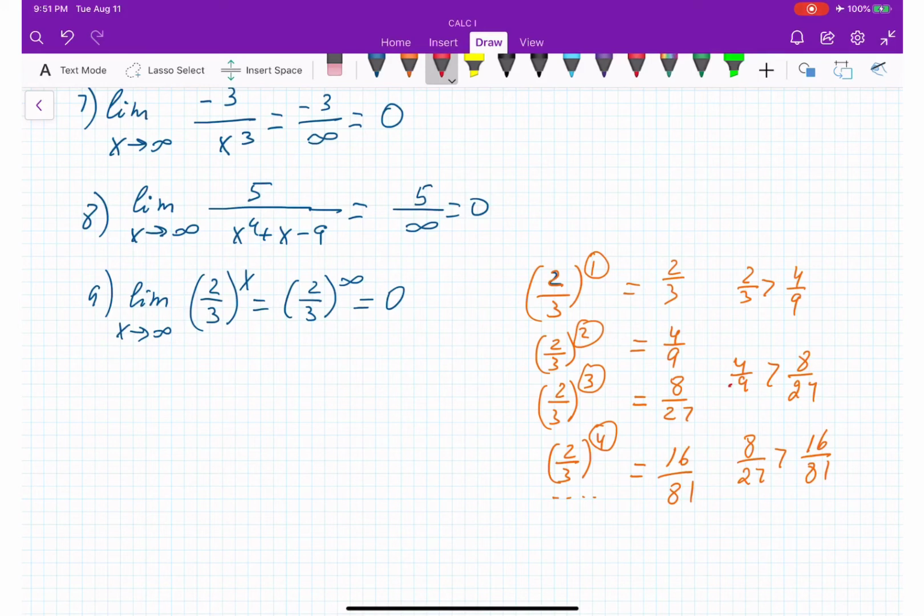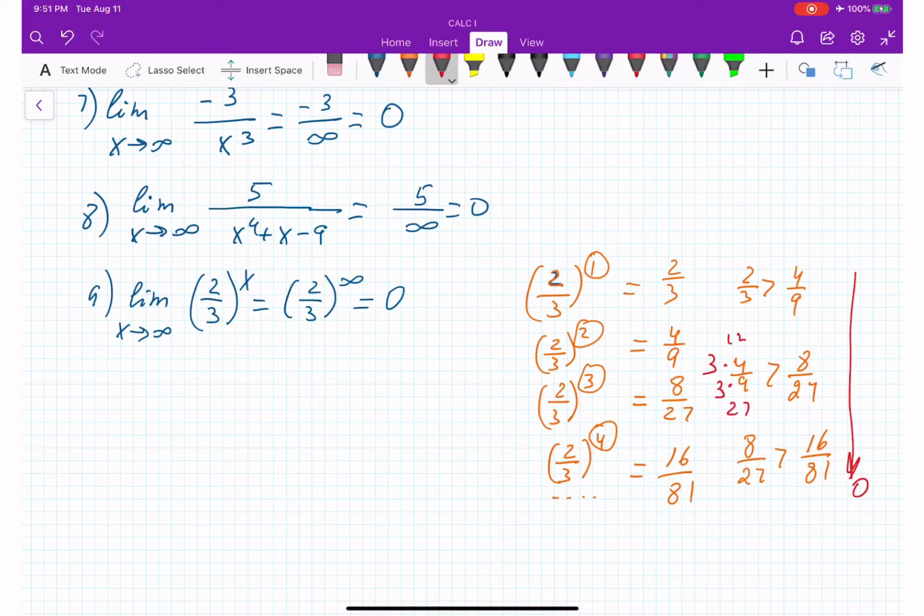So if I multiply this by 3 to bring it to 27, I'm getting 12 over 27. When the denominator is the same, the numerator decides if the fraction is greater or less. Well, 12 is greater than 8, so it's greater. So what do we get? As the exponent is increasing, the result is decreasing, getting smaller and smaller and smaller, eventually running to 0.